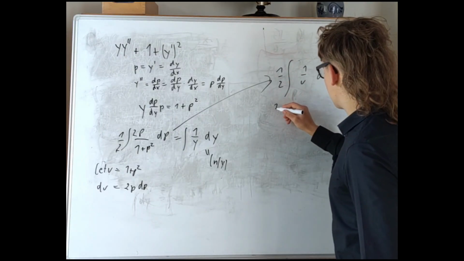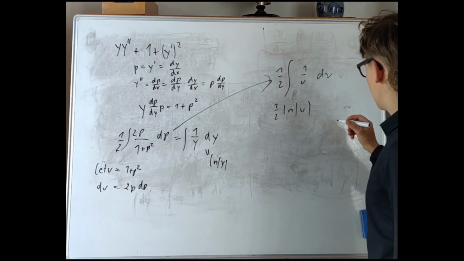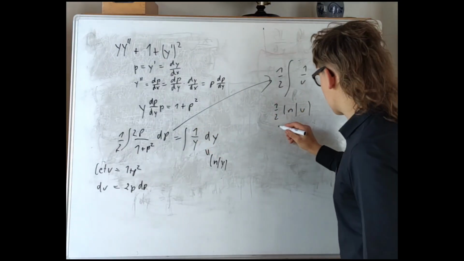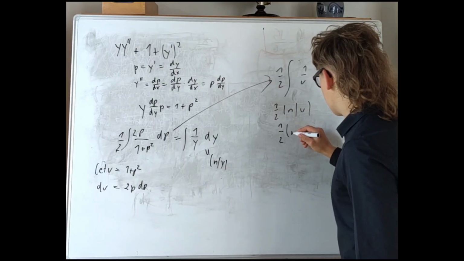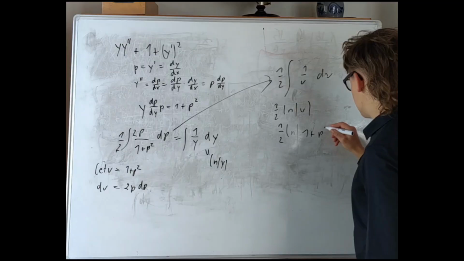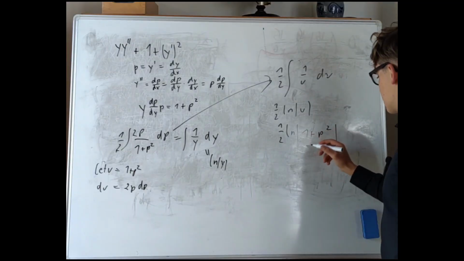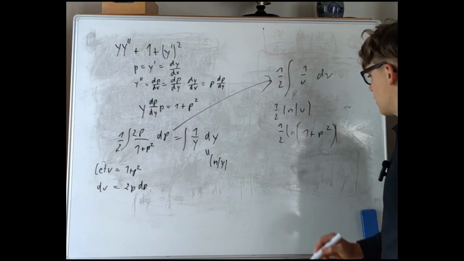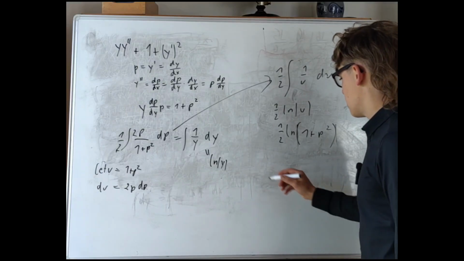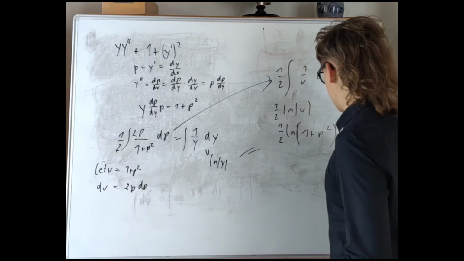So this is 1/2 times the ln of u, and now we just plug back in what we have, so this times ln in absolute value 1 plus p squared. Okay, so because that's positive and this plus 1, we can just use a non-absolute value. So we get this, these two values are equal, so let's write this down.